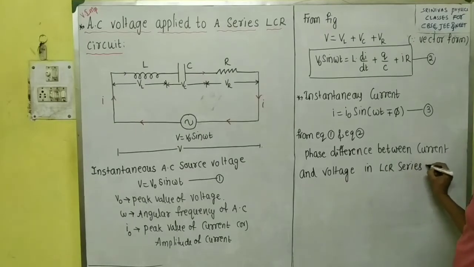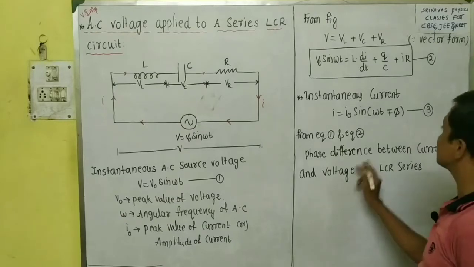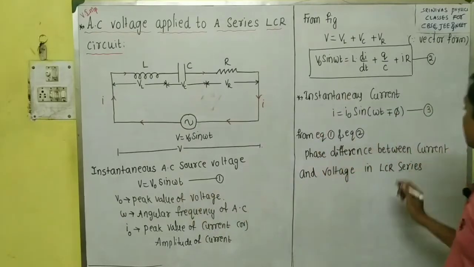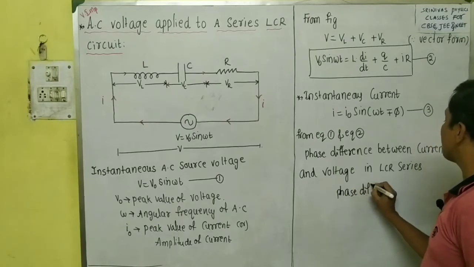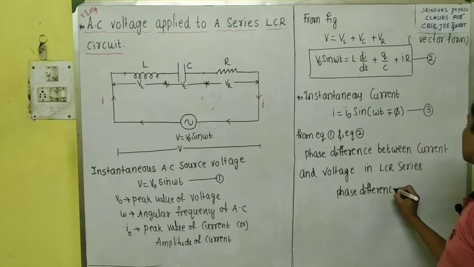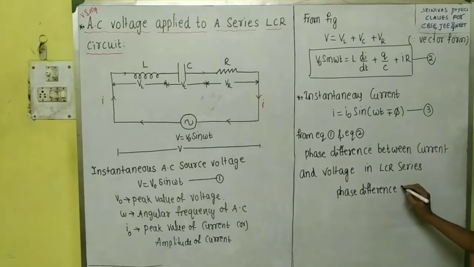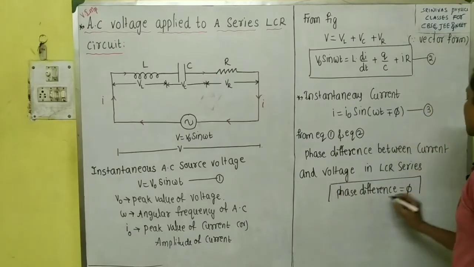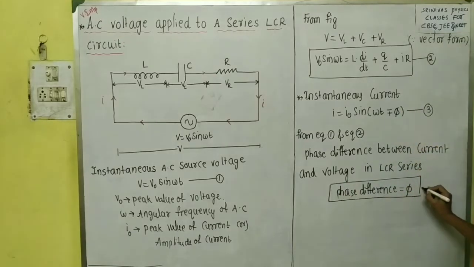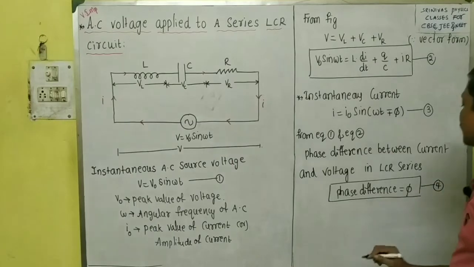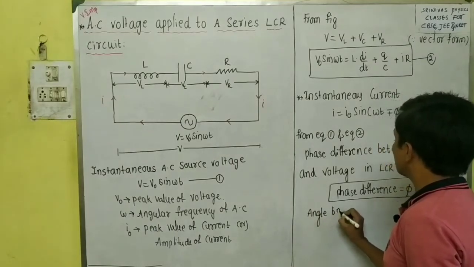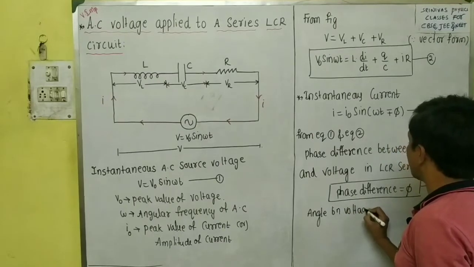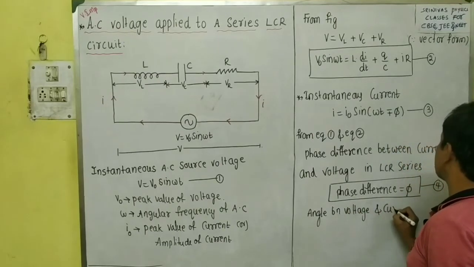If you subtract these two, you get the phase difference as phi. The phase difference gives the angle between the voltage and current.